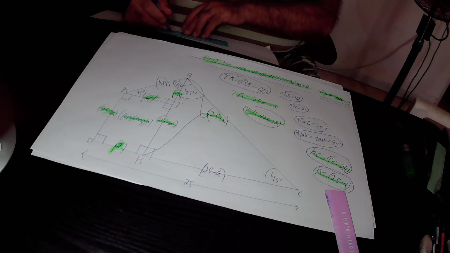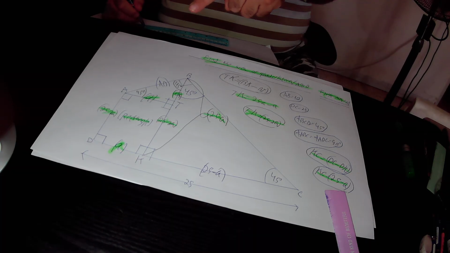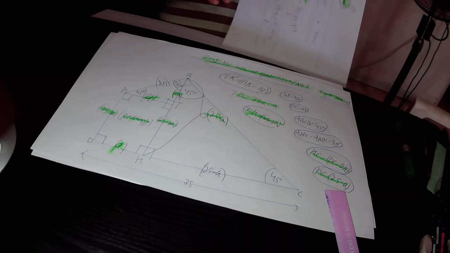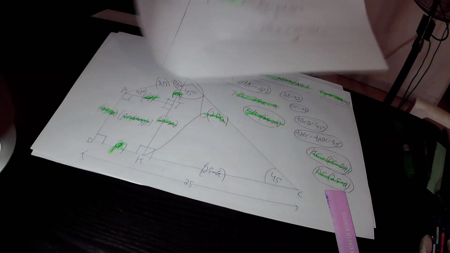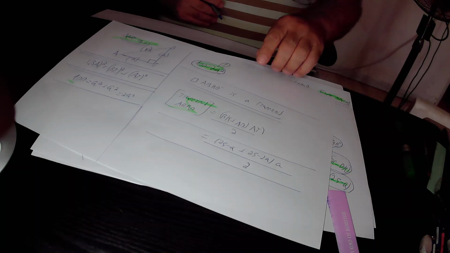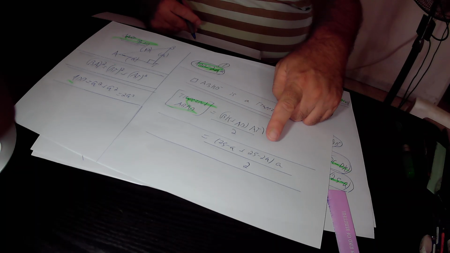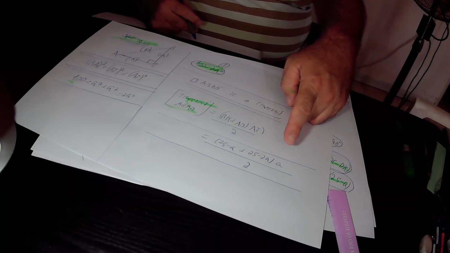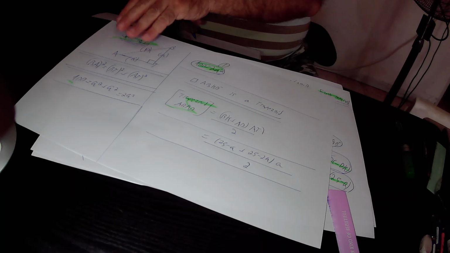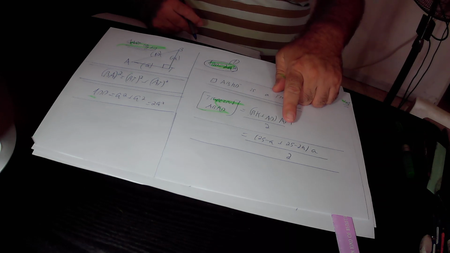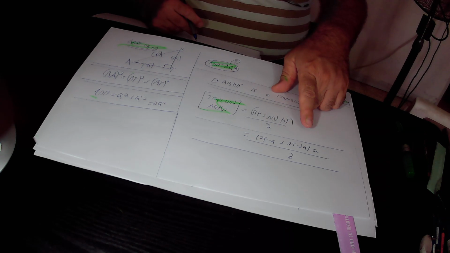So in total, the area of this trapezoid ABKD equals BK, that is 25 minus a, plus AD, that is 25 minus 2a, times AT, that is a, over 2. Here we have 25 plus 25 is 50, and minus a minus 2a is minus 3a.